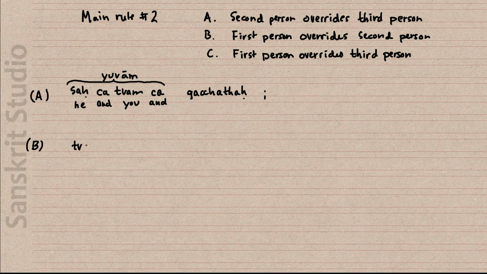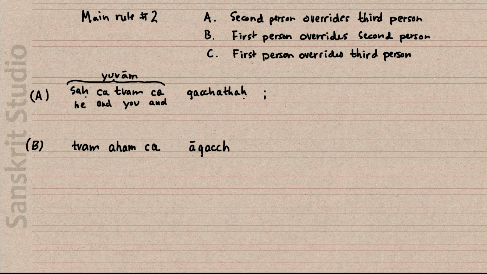Let's say tvam aham cha, and we are coming here, agach something, but what will it be? Okay, so we have tvam and aham, so we're singular plus singular is dual, so we know dual, but which person?